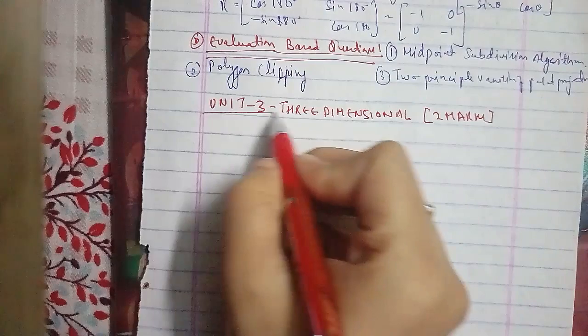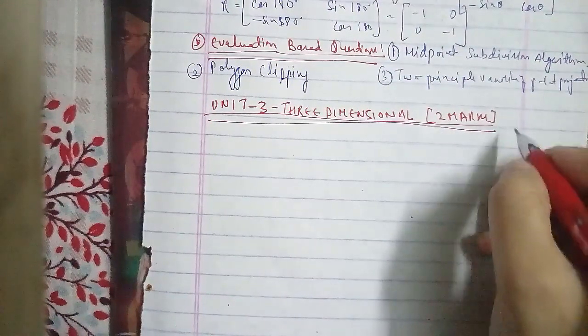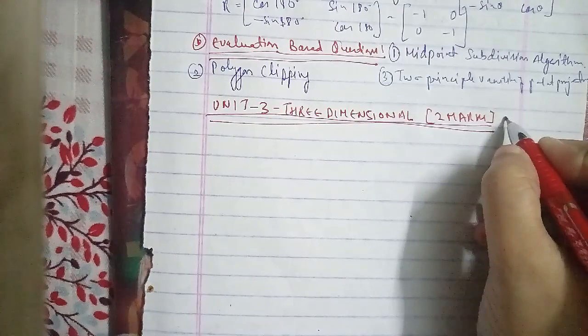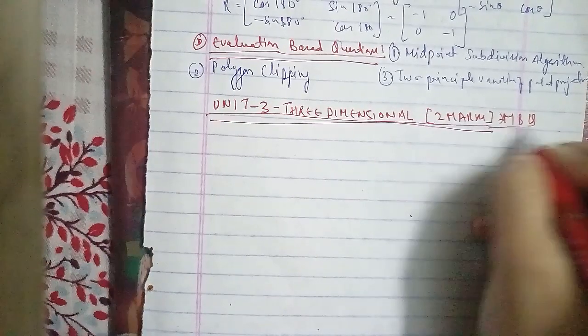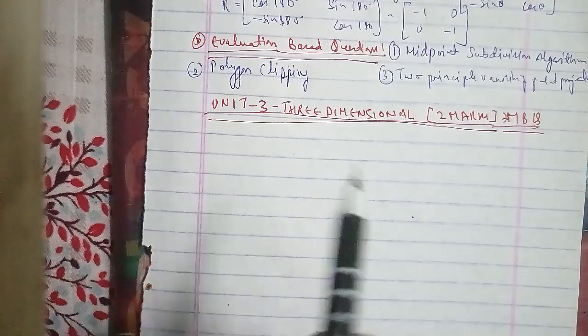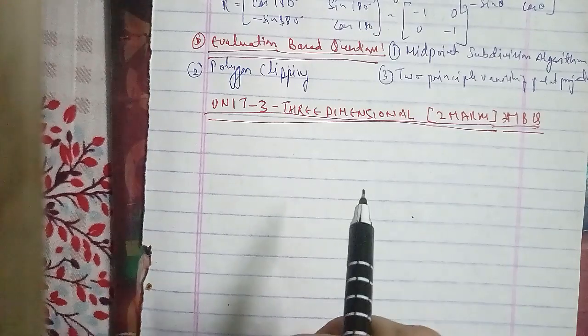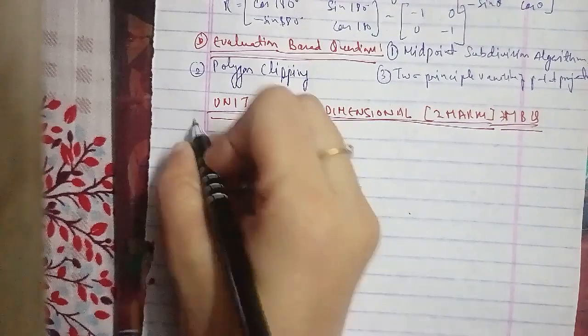So we ended with unit 2, and now we'll go ahead with the memory based questions. The first memory based question that they can ask you in terms of 2 marks is: mention the names of the 3D object representation methods. The 3D object representation methods we have.